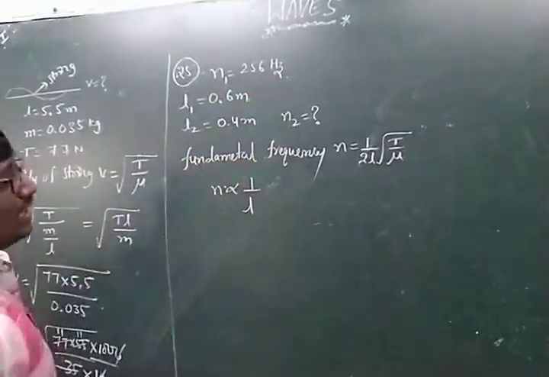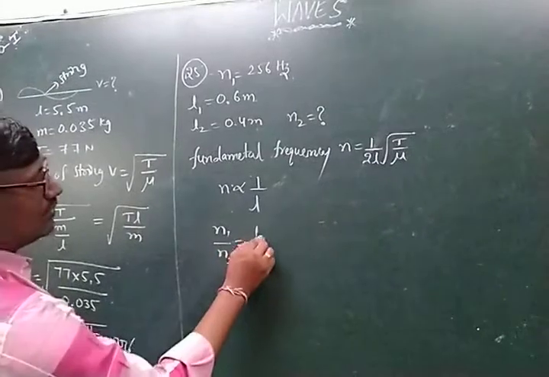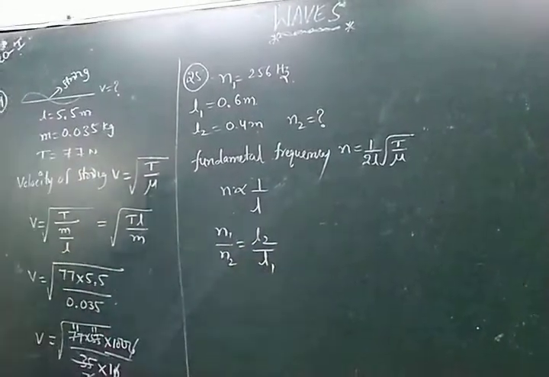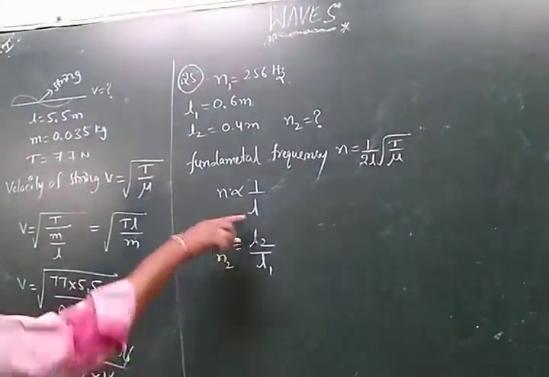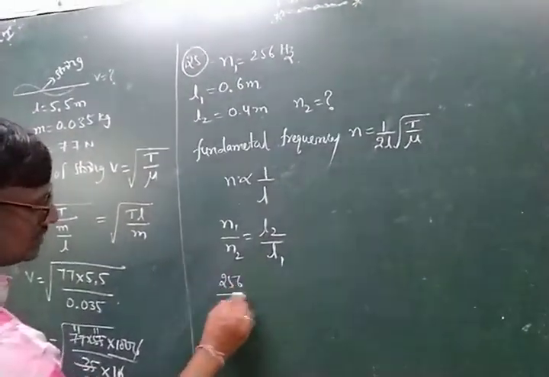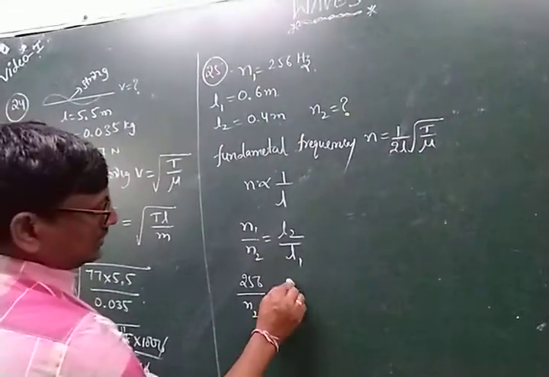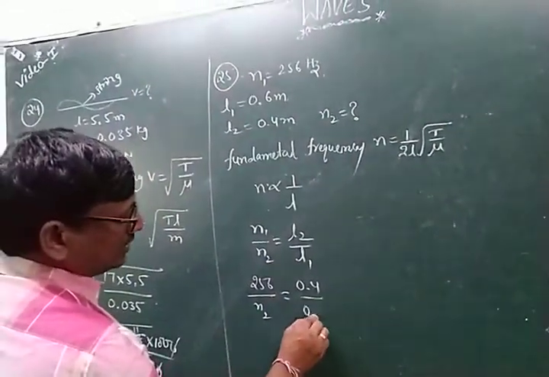At that time we take a ratio. Because it is inversely proportional, N1 by N2 is equal to L2 by L1. N1 is 256, divided by N2, is equal to L2 which is 0.4, divided by 0.6.